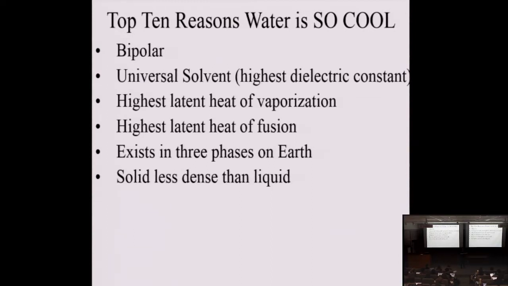Solid would be more dense, so there would be a solid forming at the bottom and coming up towards the surface. Lakes freeze from the top down, and so you have, relative to the ice, a warm pocket at the bottom that organisms can overwinter in. And if things had behaved the opposite way, where it froze from the bottom up, we might not have life existing from season to season in areas that freeze.